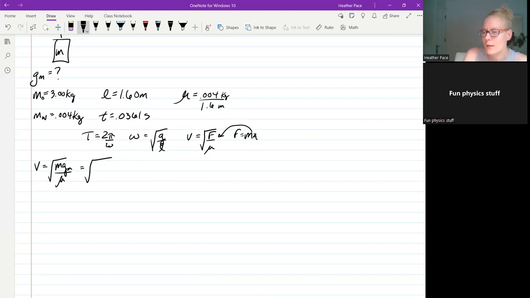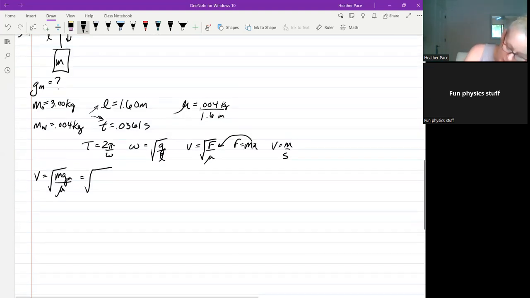Am I doing this correctly? Oh, yeah. Oh, duh. I didn't write this down, but I should. Velocity is meters per second, right? So we've got this and this, so v equals 1.6 divided by 0.0361.